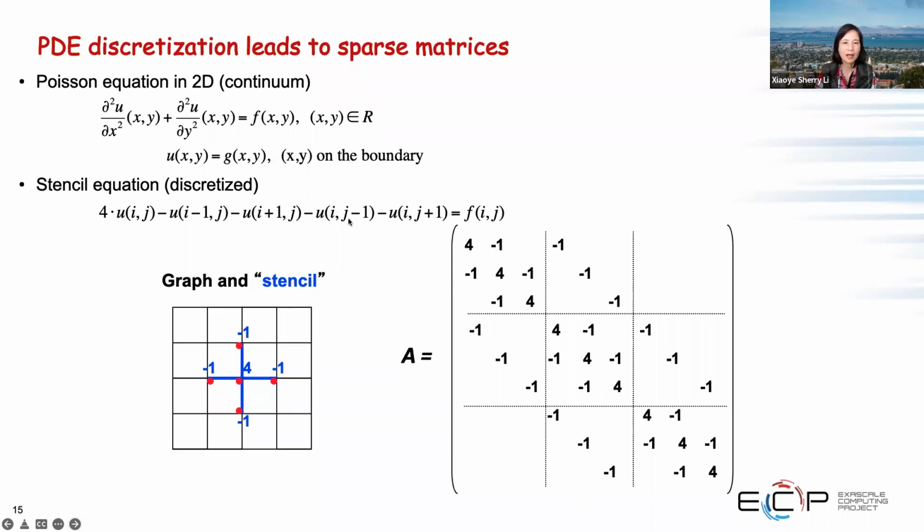If you use a standard discrete 5-point stencil discretization, each point here is related to the 4 neighbors. You do this approximation, so each equation is something like this. Putting all the equations together, you get a matrix A, which looks like this. On the diagonal is 4 and 3 other diagonals, which are -1, okay?